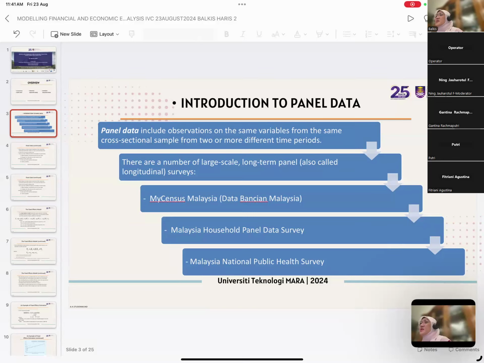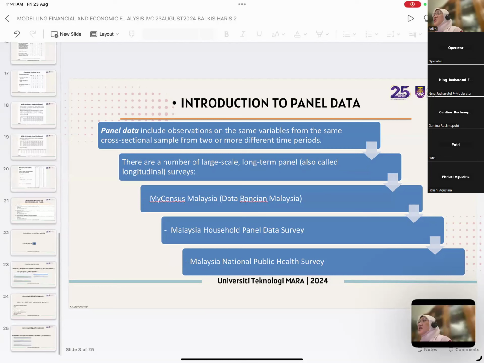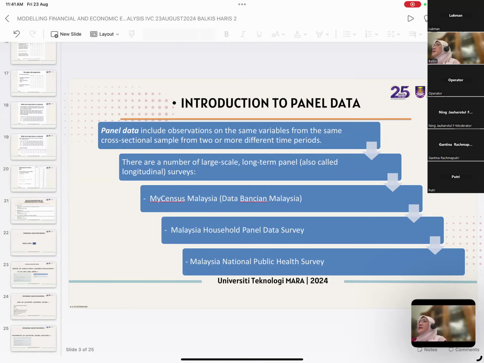My background is finance, so I'm more familiar with finance data. But in Malaysia, we also have readily available economics data from EPU, the Economic Planning Unit. Or as your friend mentioned here, you can also get it from the World Bank.